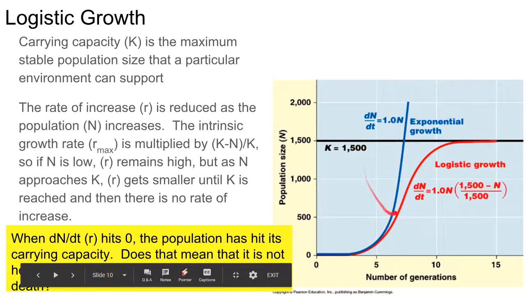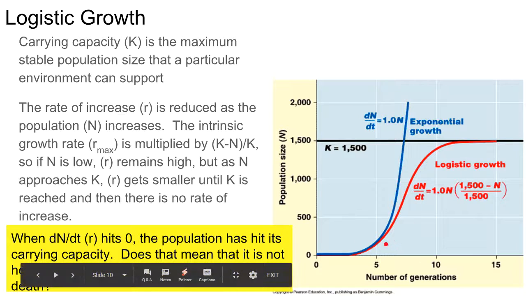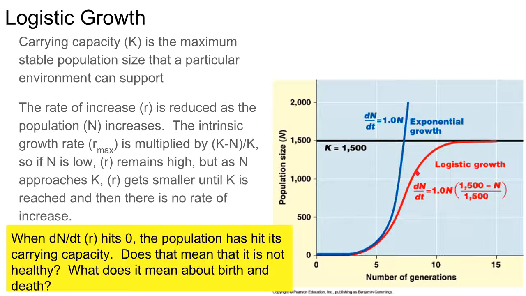So now we're tying all this math in here. So as we go up, this is the maximum growth rate, right? As you increase the number, you're going to increase the rate. But again, as we approach our carrying capacity, we limit the growth rate.